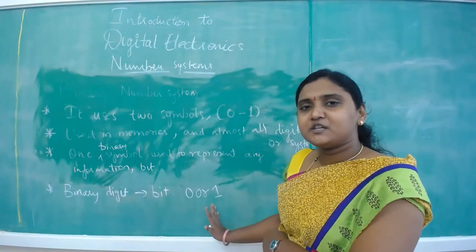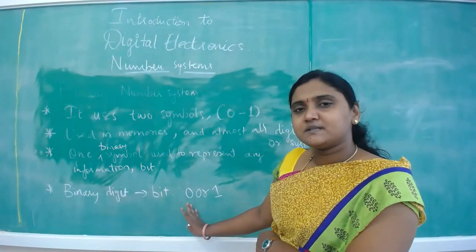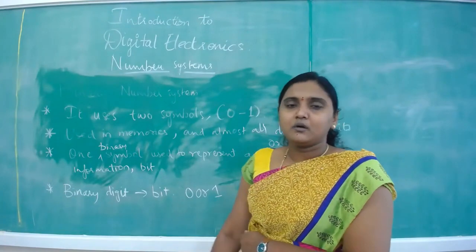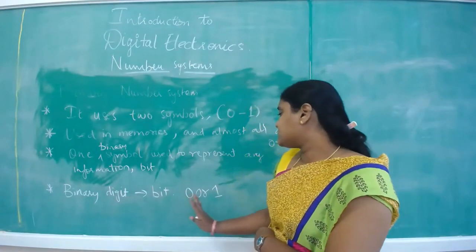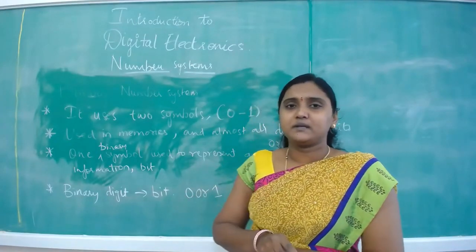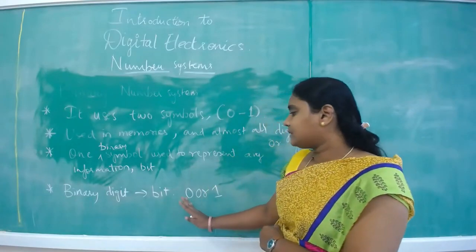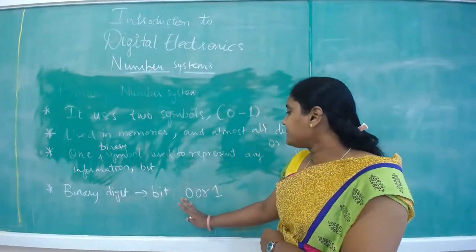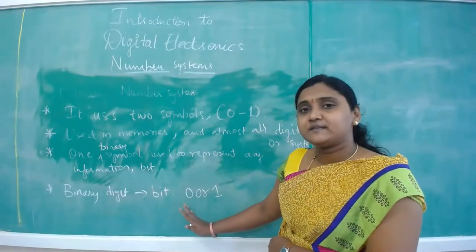That means there is a condition for the alarm to ring. And if the system is at 0, there is no instruction for the alarm to ring. So representations showing only two possibilities, yes or no, true or false, can be made using 0 and 1. Okay, it definitely conveys some information.